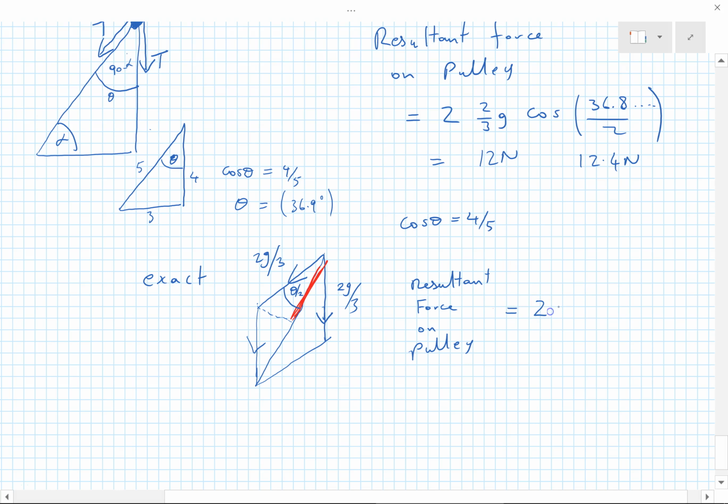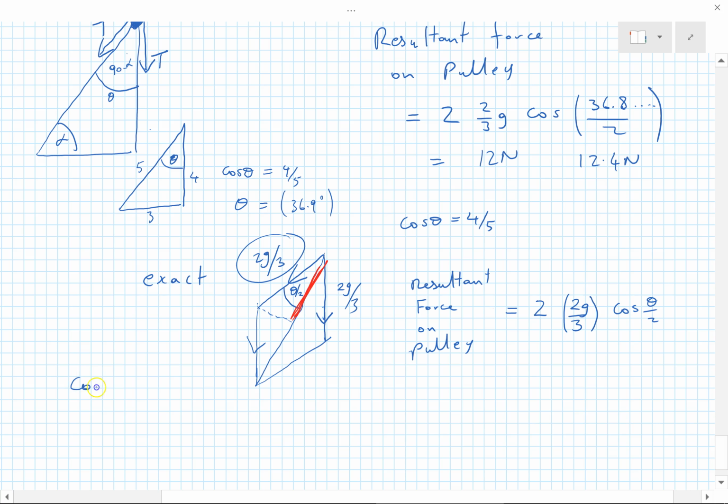So that's double times by the length 2g over 3, times by cos theta over 2. Now we've got cos theta and we want cos theta over 2. So those who've done C3, as promised, we know how to do that kind of thing now.